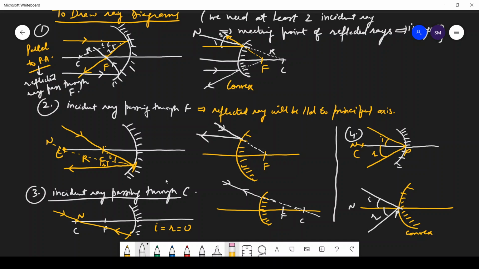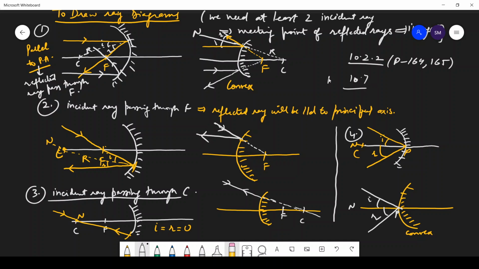So now we have image formation. This was topic 10.2.2, and you have all these 4 figures in your book also, page numbers 164 and 165 of your NCERT. Now we have figure 10.7.